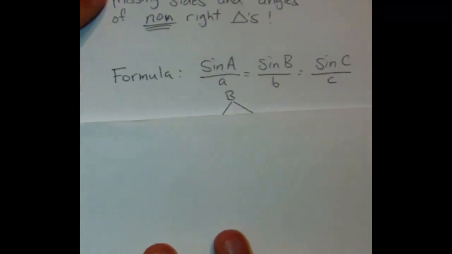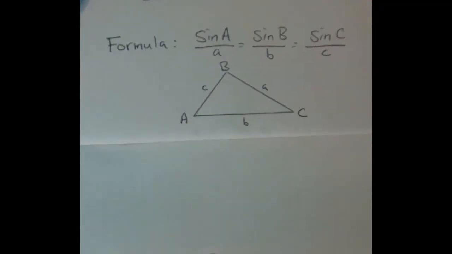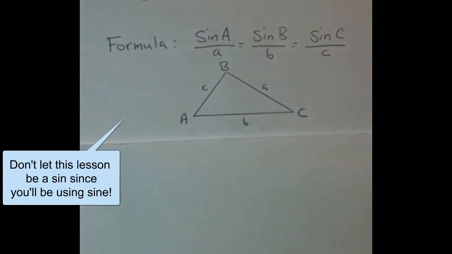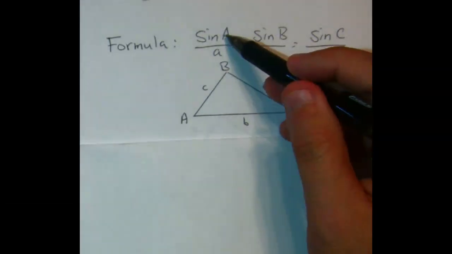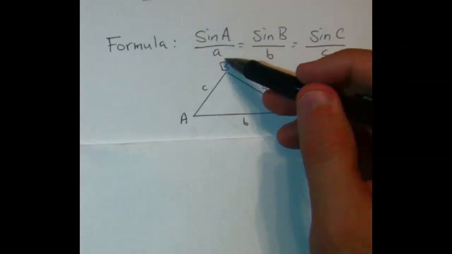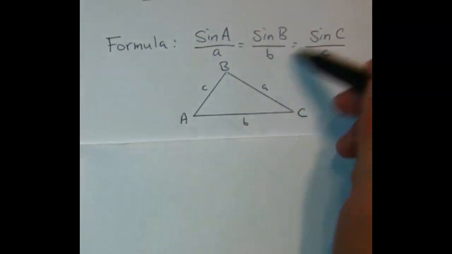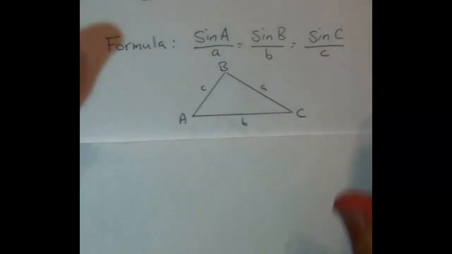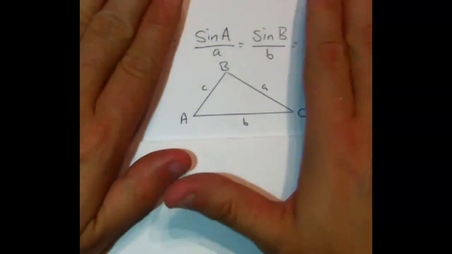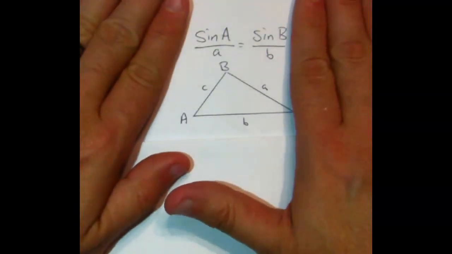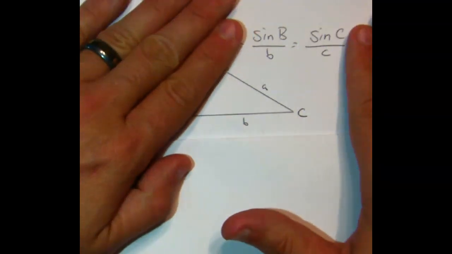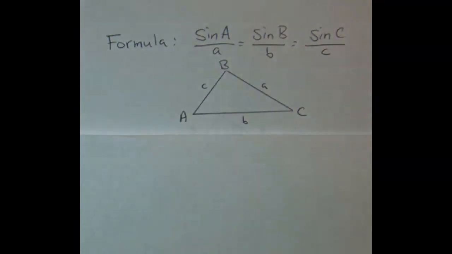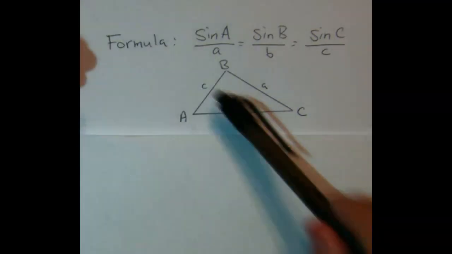Okay, what is the law of sines? The law of sines states that if we take any non-right triangle, we can proportionally set the sine of an angle to the side that's opposite it, equal to the sine of another angle and its opposite side. So you're going to set up a proportion with A and B, or B and C, or A and C. It doesn't really matter which is A, B, or C, but this is just a demonstration of how the proportions work.